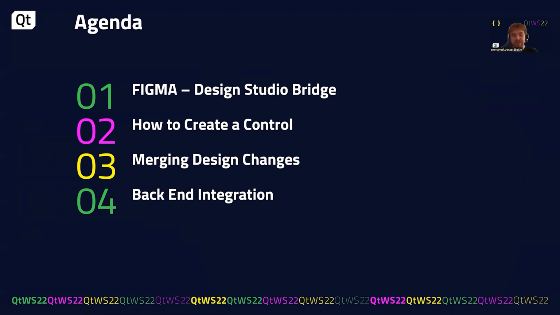Then we have designers that change their mind and need to do some change in Figma. I will give you some tips about how you can merge properly from Figma to Design Studio after you have done some work on Design Studio and how to do it effectively.